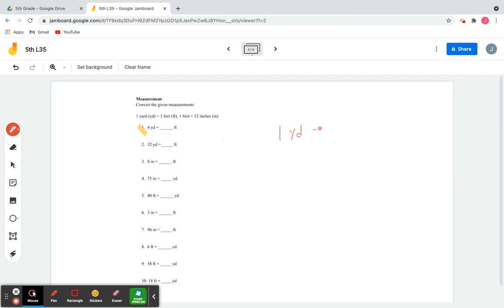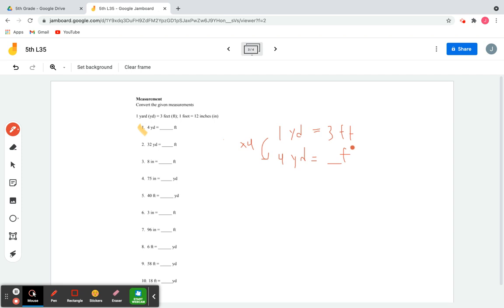So 1 yard is equal to 3 feet. We know this, right? And then we have 4 yards. 1 times 4 is 4. So it's the same as that it got bigger by 4 times.